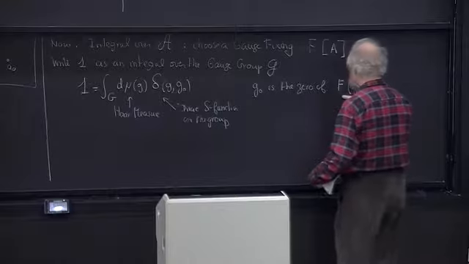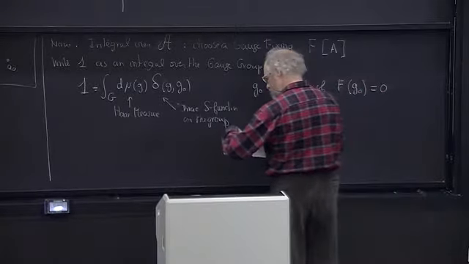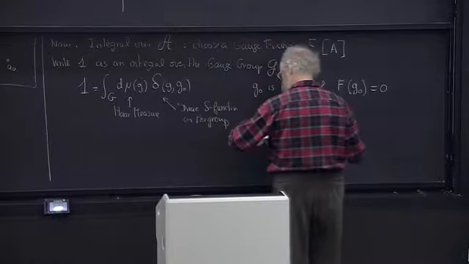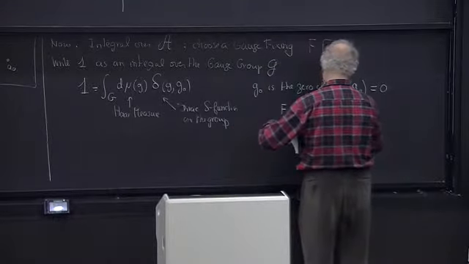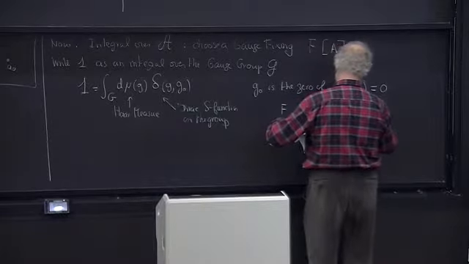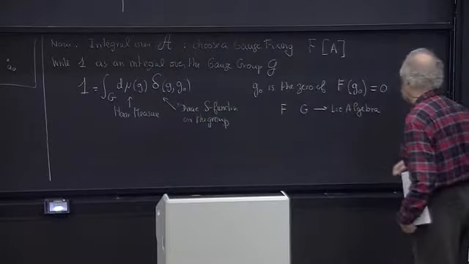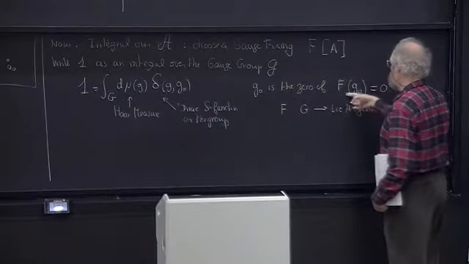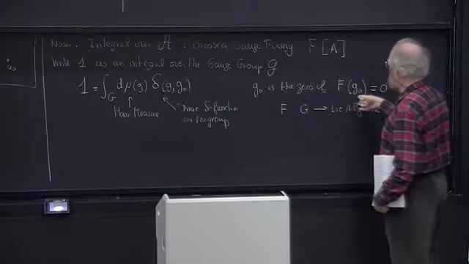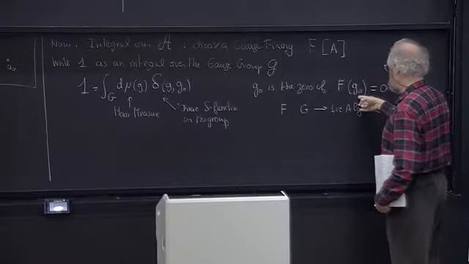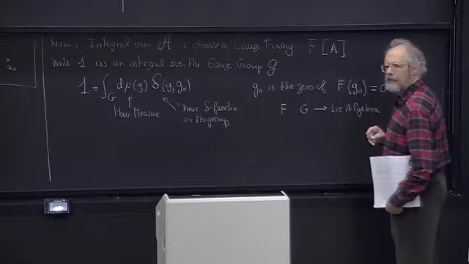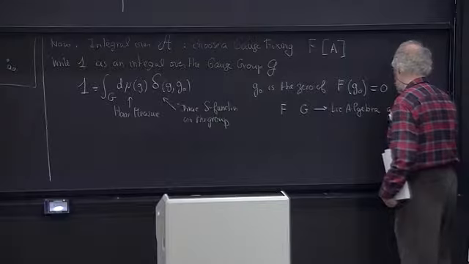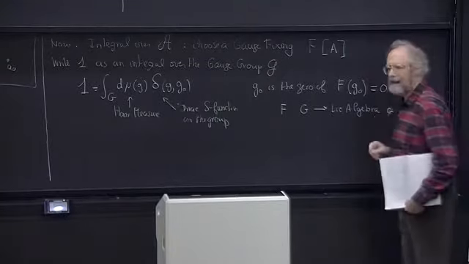But here f is a function from the group into its Lie algebra. So f of G0 equals 0 means that we have n conditions that the functions of G0 are equal to 0, where n is the dimension of the group.